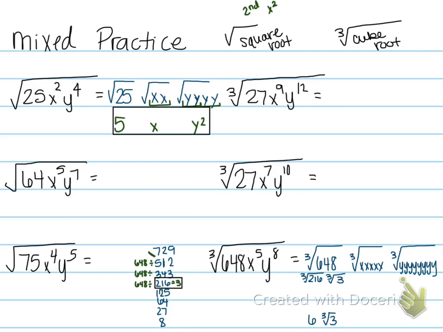I'm now going to move on to my x's. I'm dealing with cube root again, so I'm going to circle that 3 up there to remind myself to put my x's into groups of 3. So I get 1 group and 2 extra. So I have x and I have a cube root of x squared.